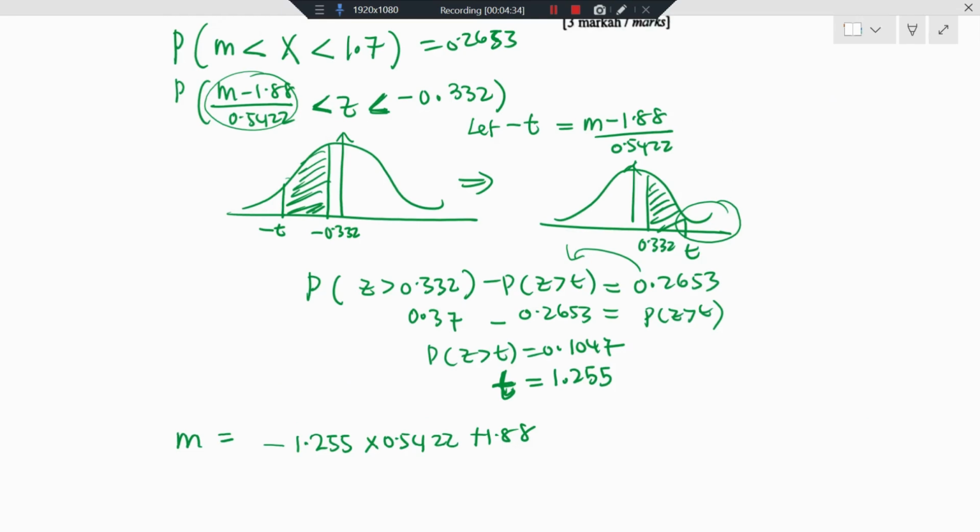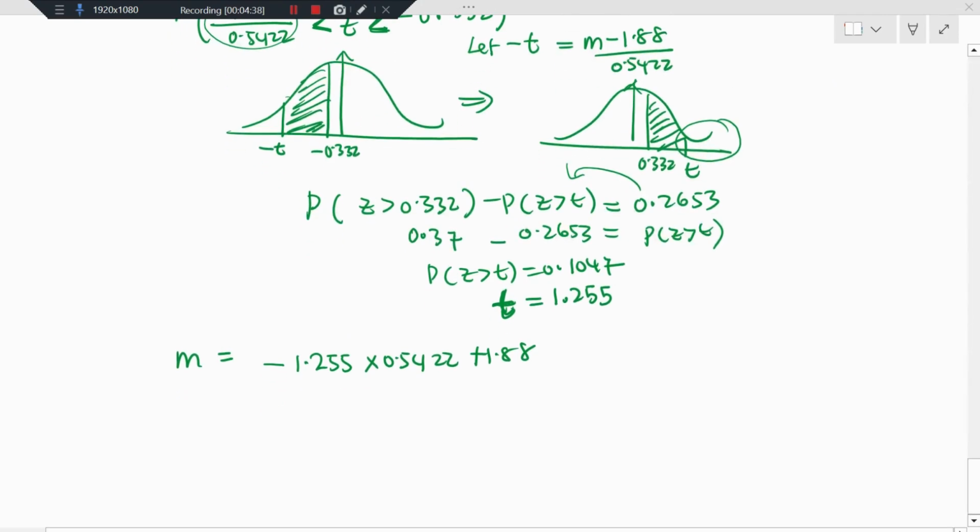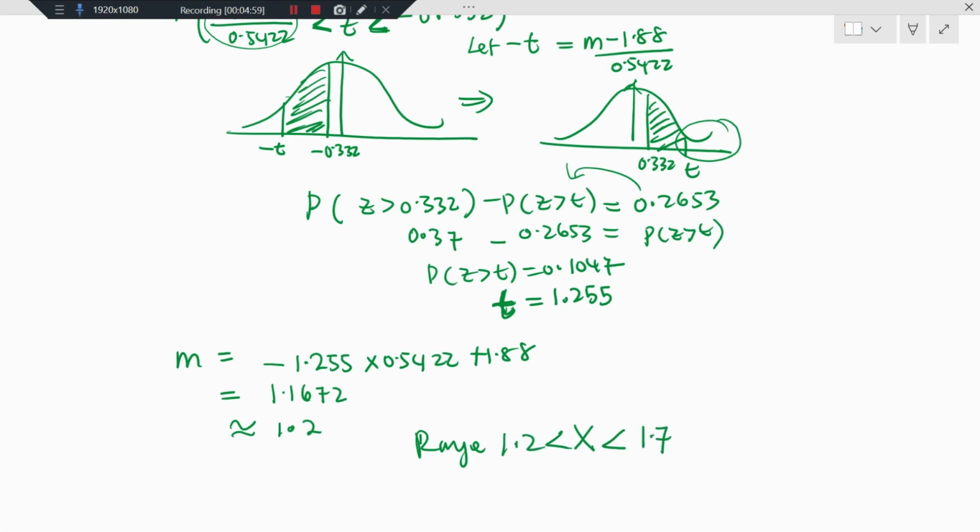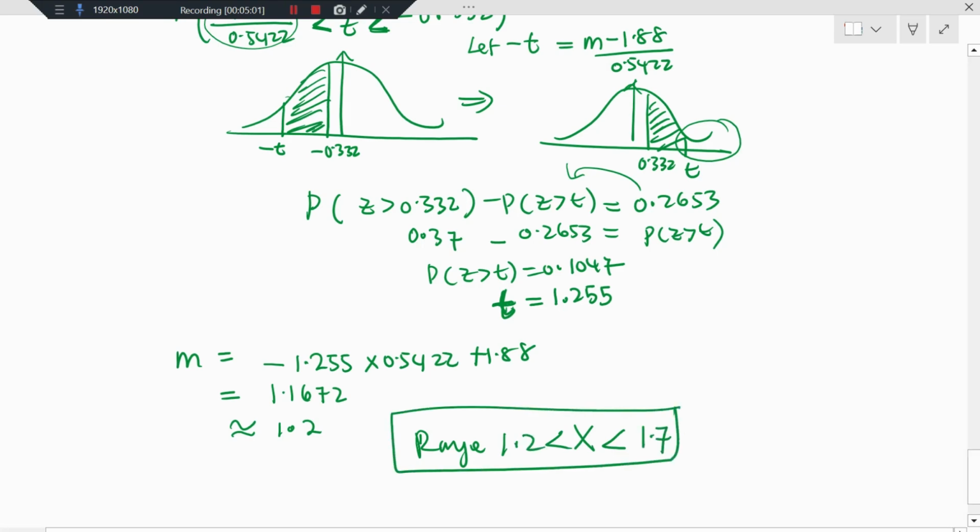Okay, wait, let me check where is the error. I wrongly pressed in my calculator. So you'll get like 1.1672, but you remember they're taking only one decimal point, so we also take one decimal point. So your m is 1.2. So your range of grade B should be 1.2 to 1.7. So you need to write the range.